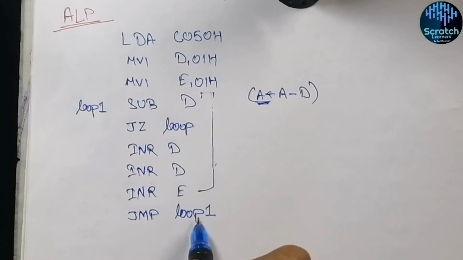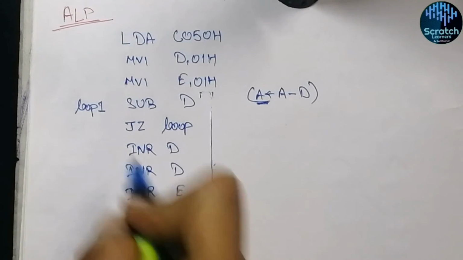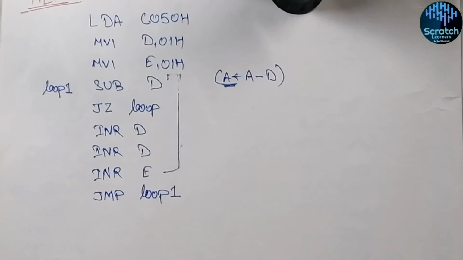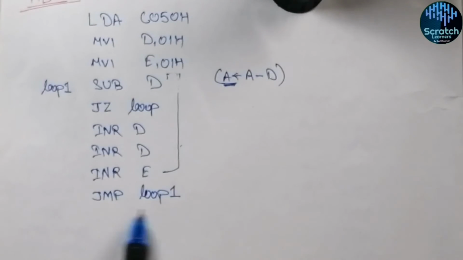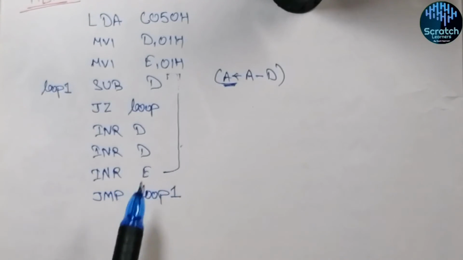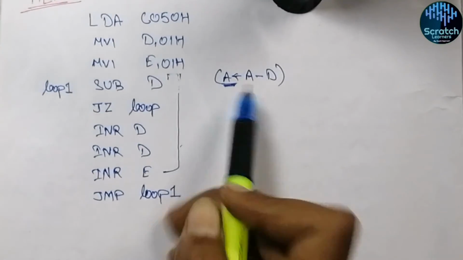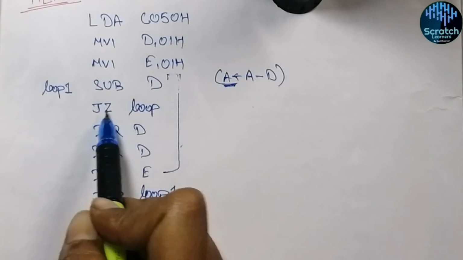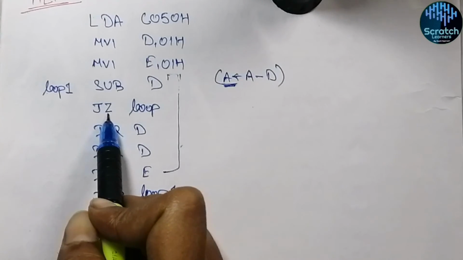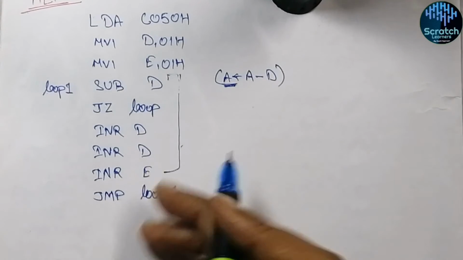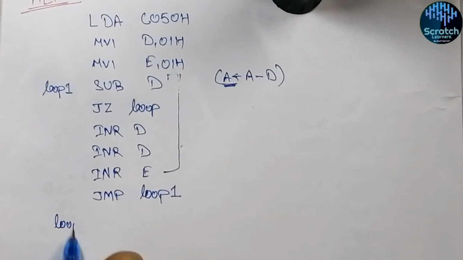So we are heading the control flow from this location to this location. So this process will be repeated again and again until the content of the accumulator becomes 0. Okay, once the content of accumulator becomes 0, then this loop control will go to this location.